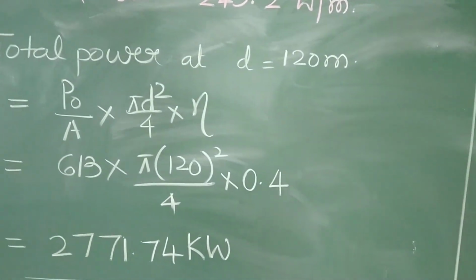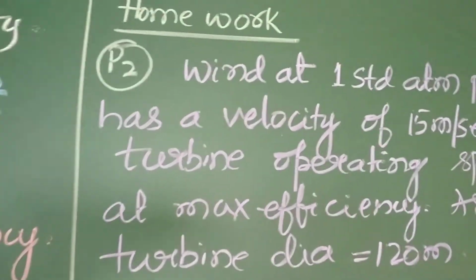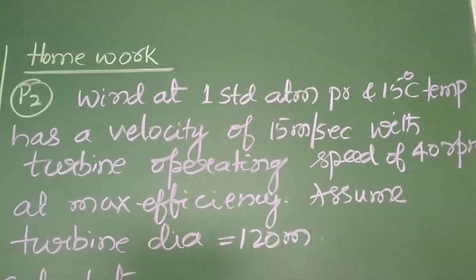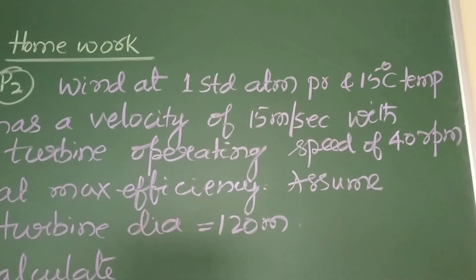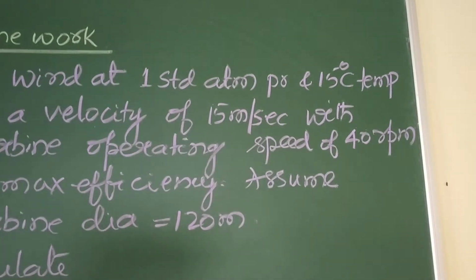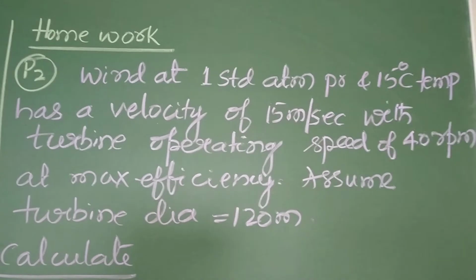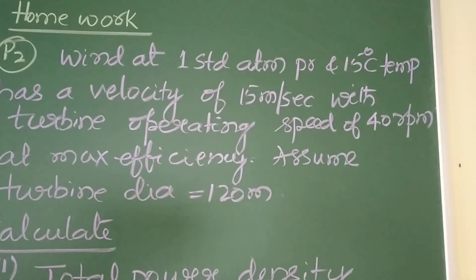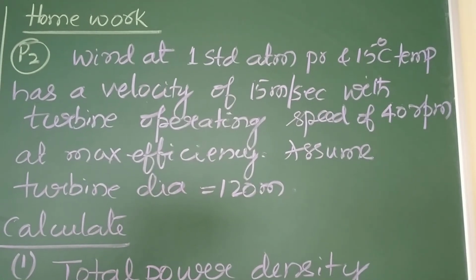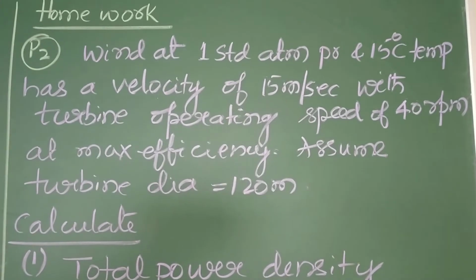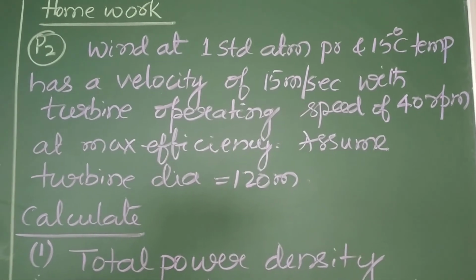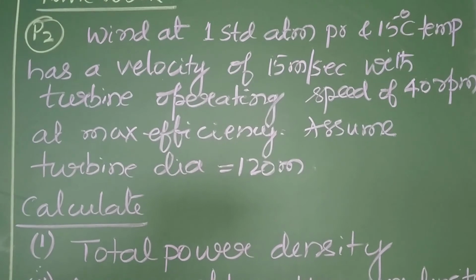After having understood, now let me give a homework to you. Please note down. Wind at 1 standard atmospheric pressure and 15 degree temperature has a velocity of 15 meters per second, with the turbine operating speed of 40 rpm at maximum efficiency.